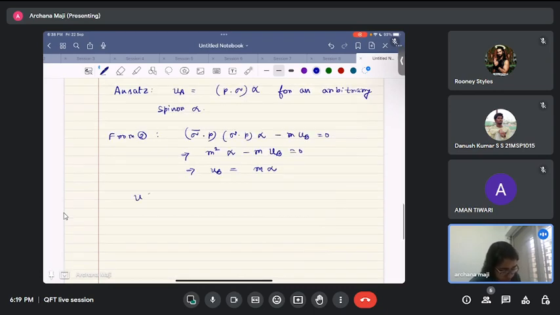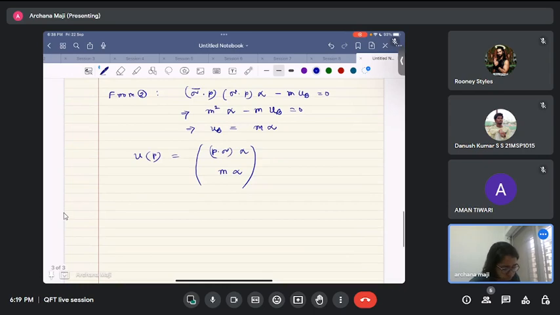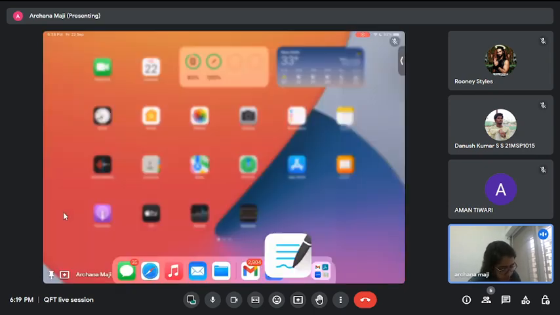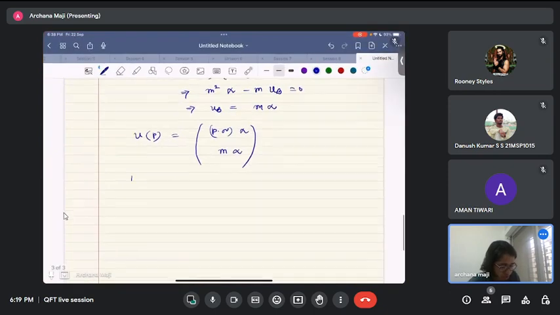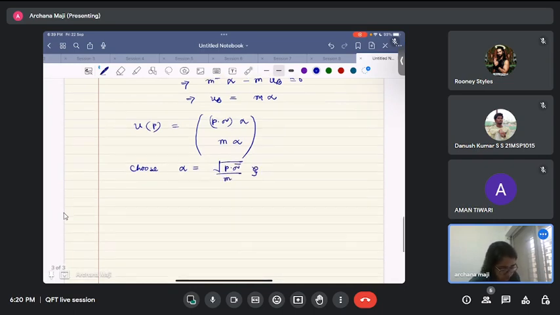So what do we have for the spinor? ua is square root of p dot sigma times alpha, and ub is m alpha. To make this more symmetric, choose alpha to be square root of p dot sigma bar divided by m times some spinor xi.